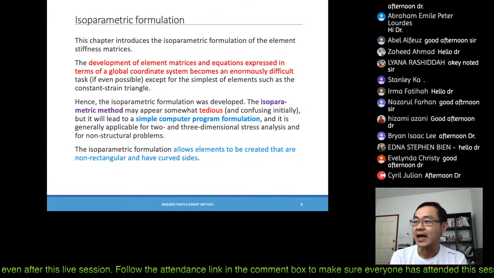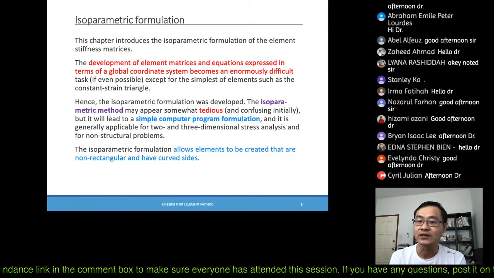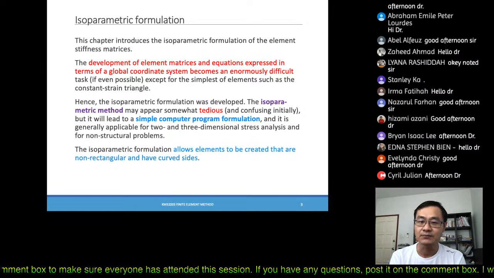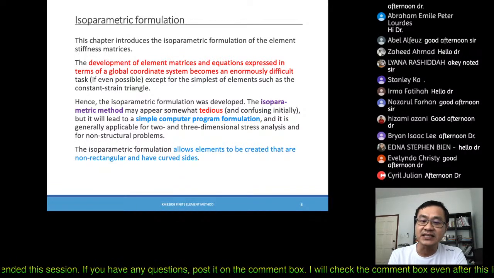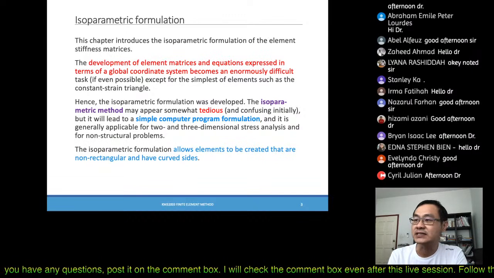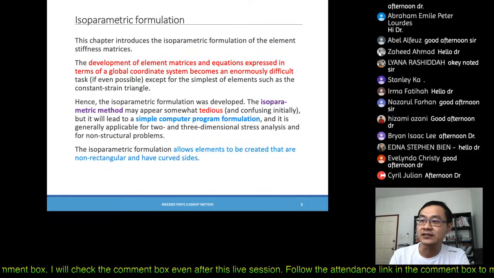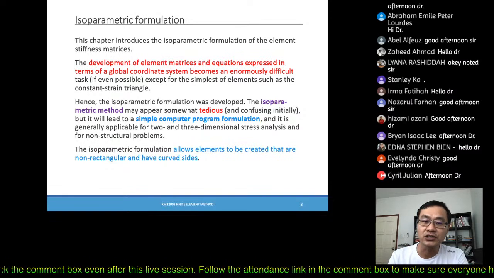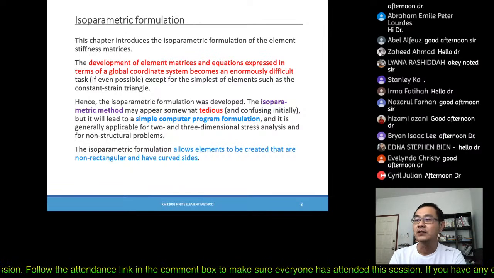The isoparametric method may appear tedious and very confusing at the beginning, but it is easier to program. So it's a simple computer program formulation, and it's generally applicable to two-dimensional problems, and we can extend it to three-dimensional problems.